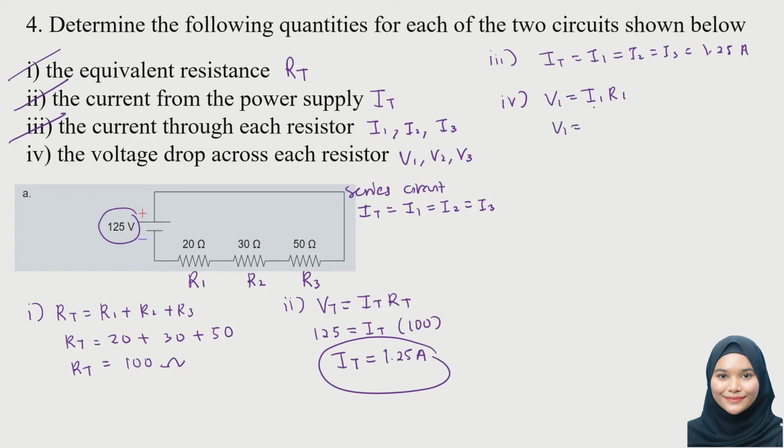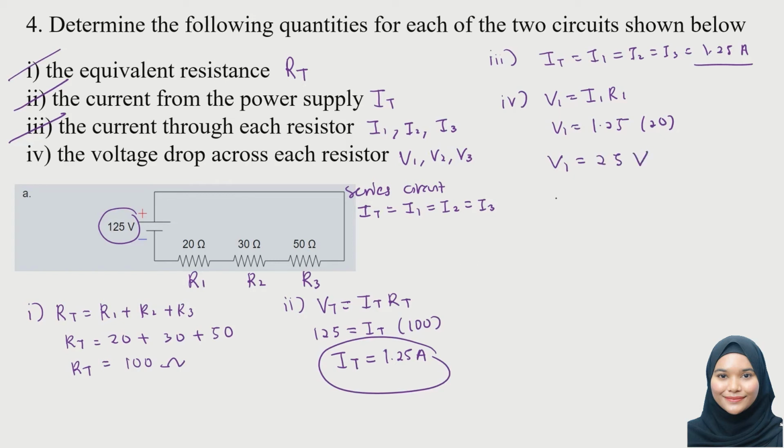We already know the current through resistor 1 is 1.25 and its resistance is 20 ohm. When you press the calculator, you will get an answer of 25 volt.